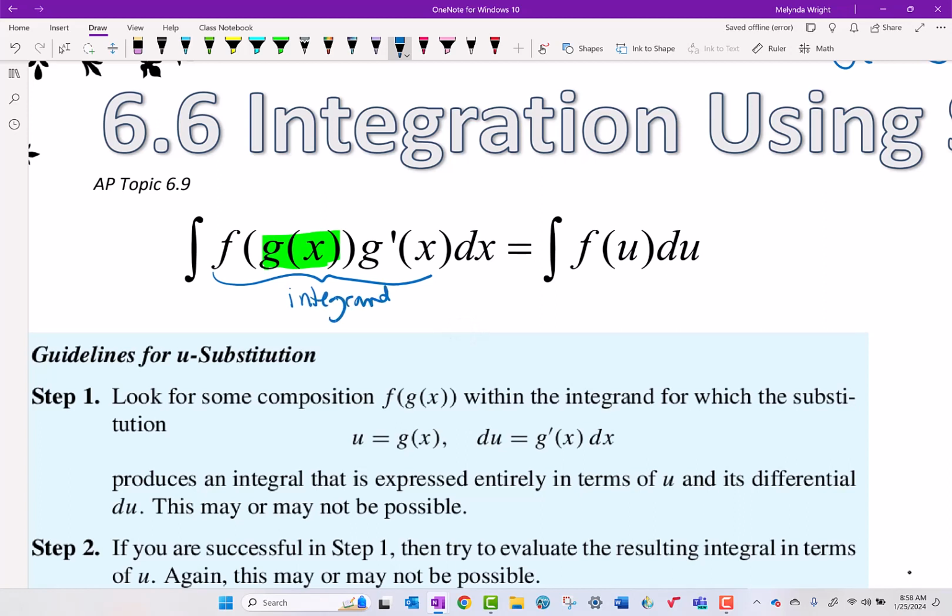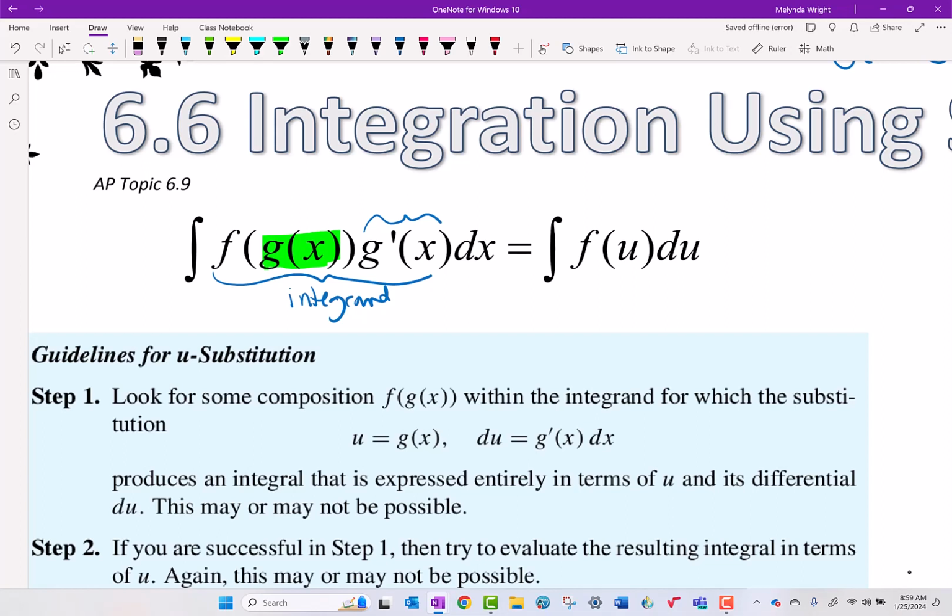In the integrand, we would have a function with g inserted into it, and a multiplication. This is always multiplying, not added. Multiplied by the derivative of g. So that's the pattern that we're looking for in the integrand to set up this U substitution. One function embedded in another, and the derivative of the embedded function g exists in the integrand.